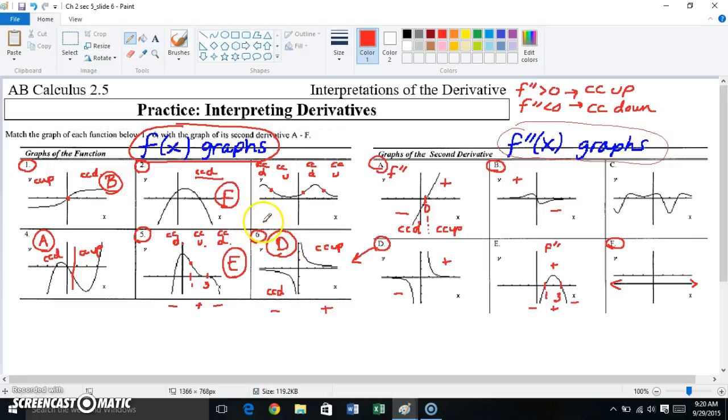All right, so that means we must go from negative to positive to negative to positive for my second derivative. Let's check it out. Negative, positive, negative, positive. All right, so graph C goes with number 3.